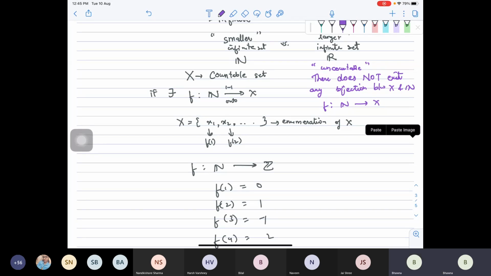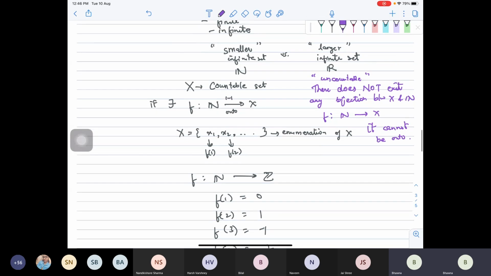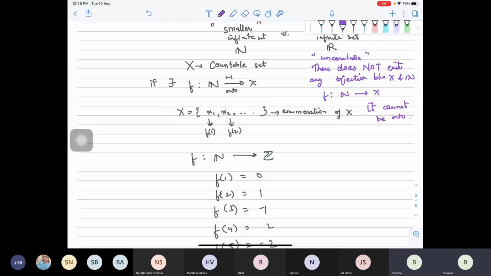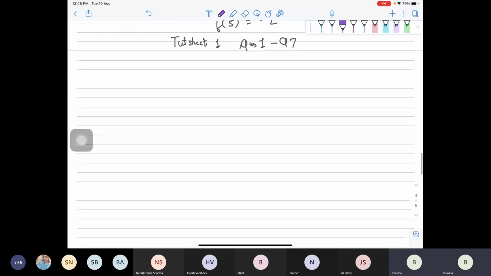So actually it cannot be onto. Such examples are in the tute sheet, which we will discuss in the tutorial class. Bilal, is that fine? Yes, ma'am. Okay. So now we have a distinction between smaller infinite sets and larger infinite sets.